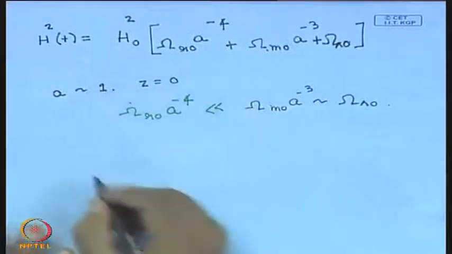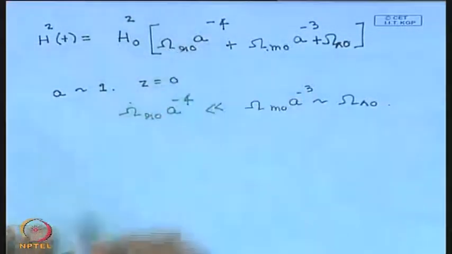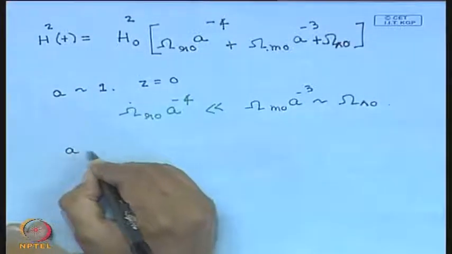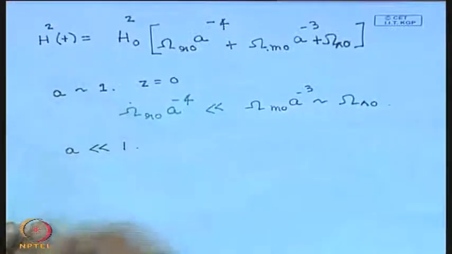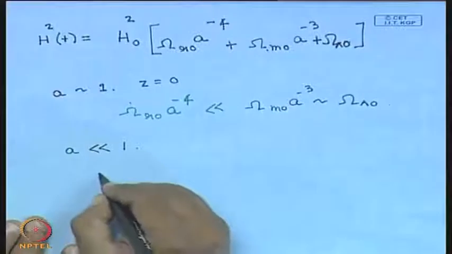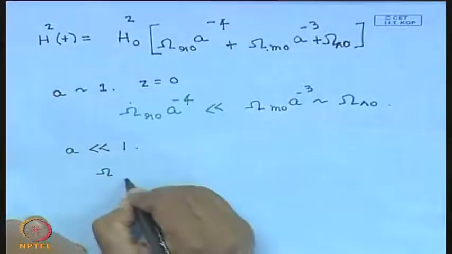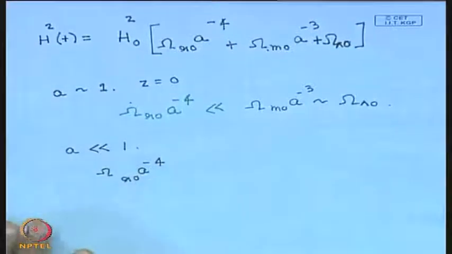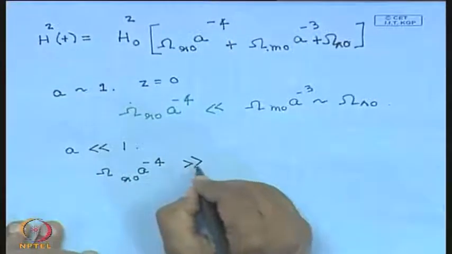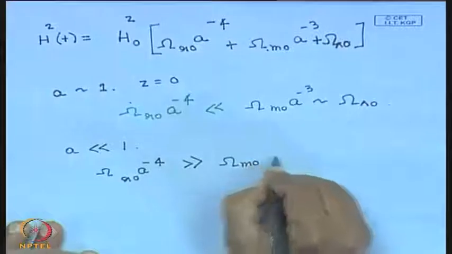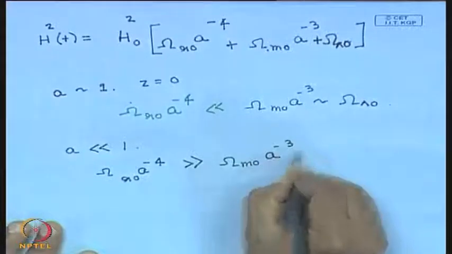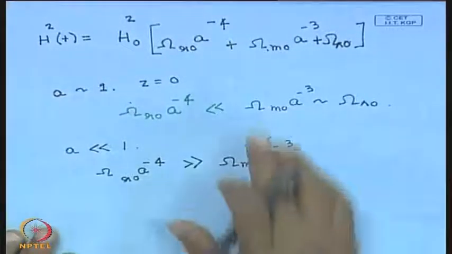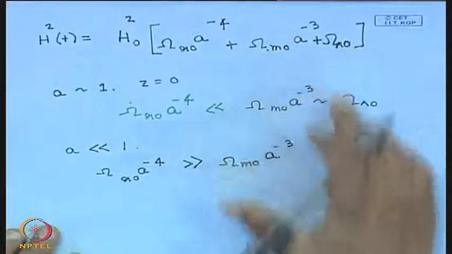So, we shall have a transition from a matter dominated universe to a radiation, relativistic particle dominated universe. Let us estimate where this transition occurs. If a is much smaller than 1, the first term, omega r naught a to the power minus 4, is going to be much greater than omega matter naught a to the power minus 3, and we can forget about the matter and the cosmological constant.